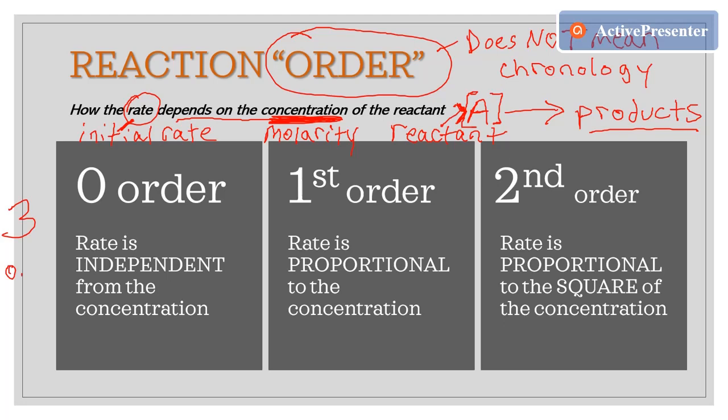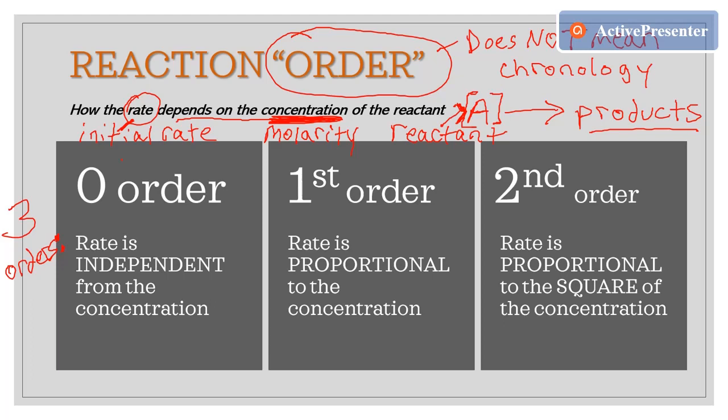So there are three basic orders that you need to worry about for Chem 2. Now it does get more complicated than this if you go further on into more advanced chemistry classes, but for Chem 2 you need to know these three basic orders.